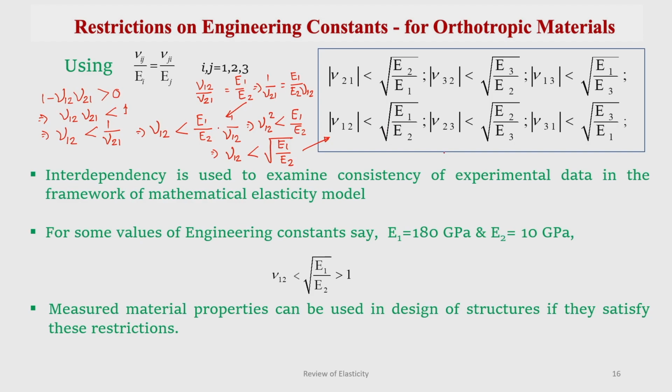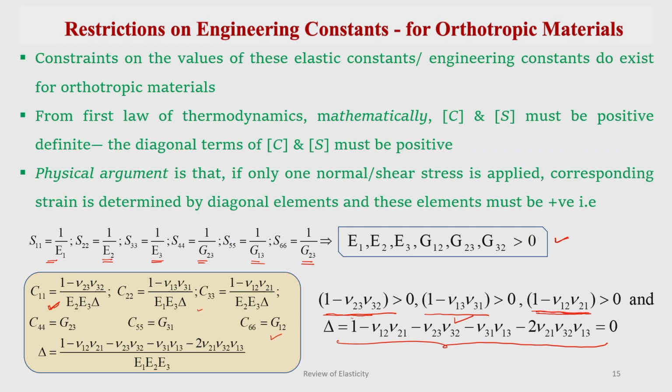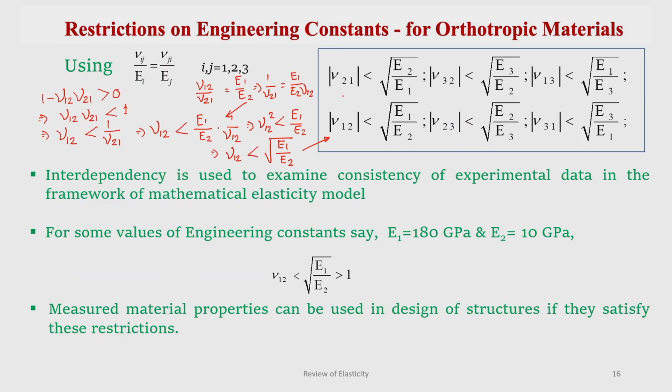Similarly, by considering the other conditions, we get the other relations. So there is an interdependency: even though we have 9 engineering constants, there are interdependencies between those constants. Now, what is the usefulness of this?